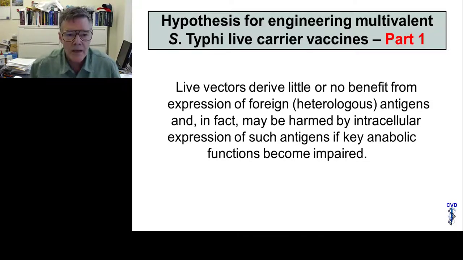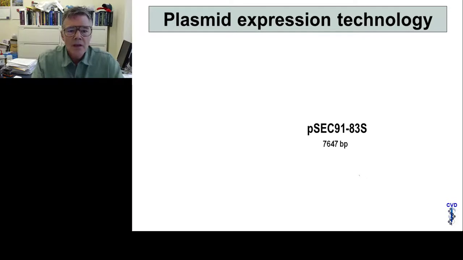Okay, so what we ended up deciding to do after a long time was first going with a low copy number expression plasmid. Like I referred to, in the good old days, we used to use high copy number pUC plasmids, and life was just grand. You throw in a little IPTG and bang, you've got tons of antigen.